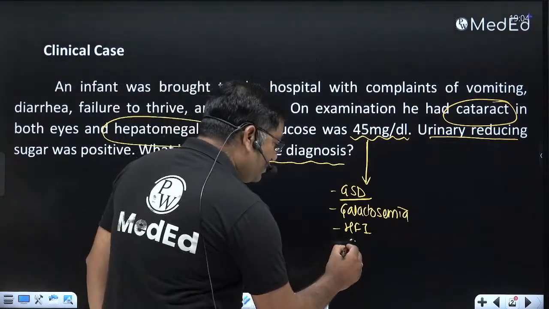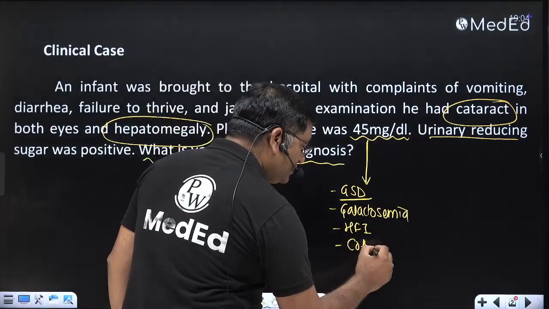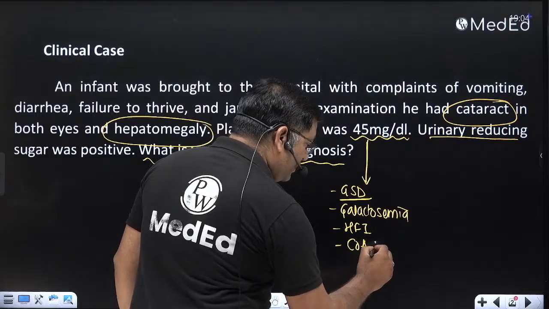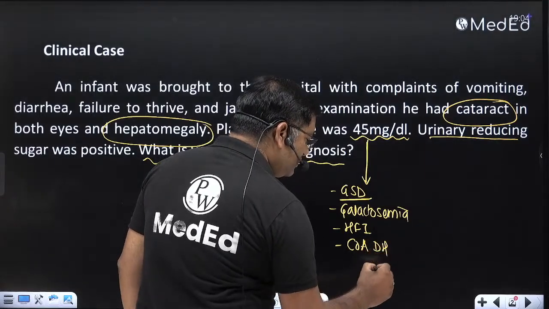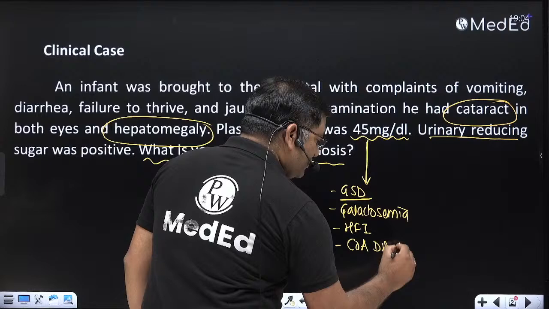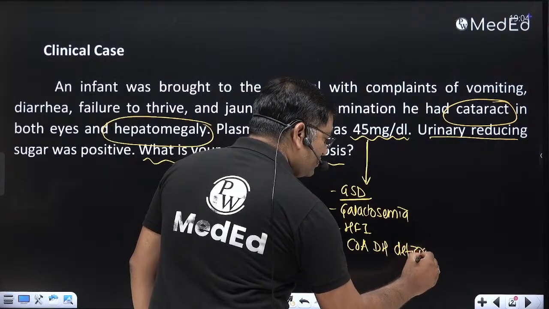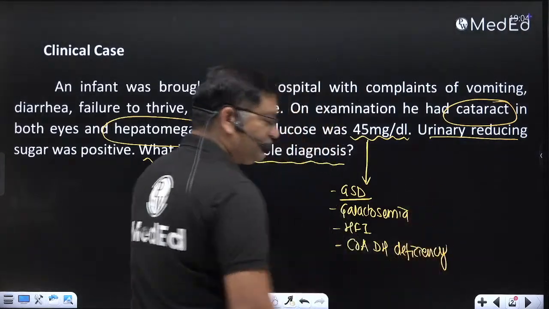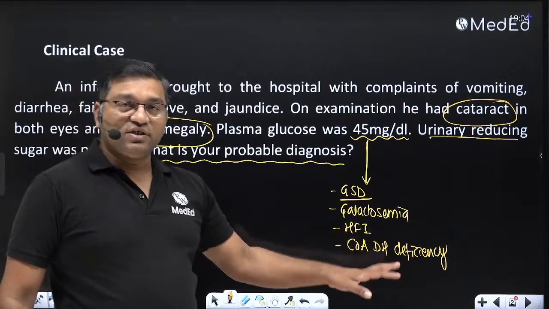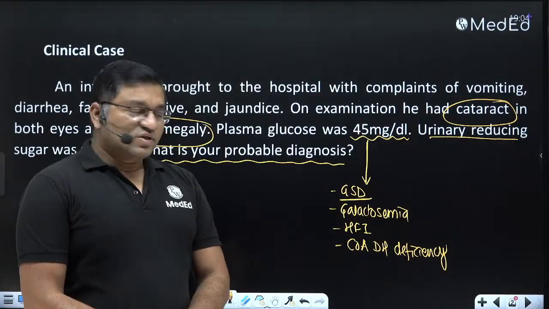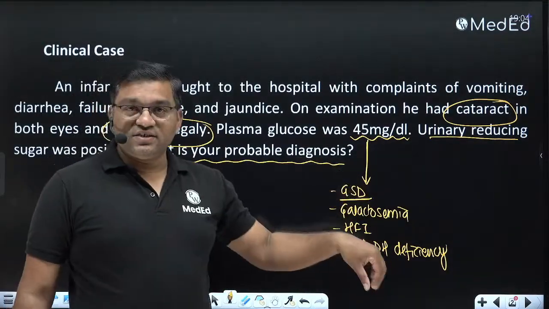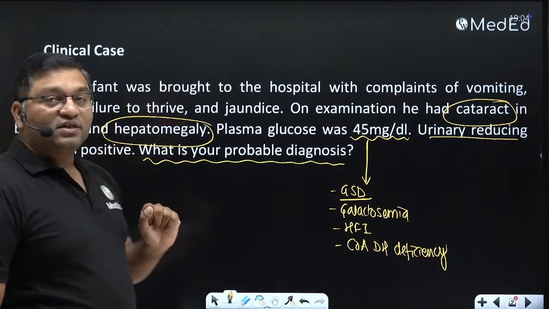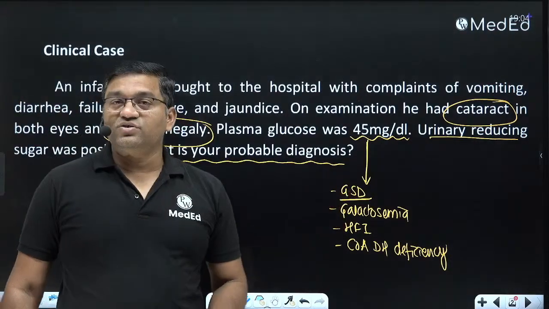Coenzyme A means related with beta oxidation. Medium chain acyl coenzyme A dehydrogenase deficiency causes hypoglycemia, means a beta oxidation defect causes the hypoglycemia. So these are the prominent diseases which cause hypoglycemia in the infant, principally the glycogen storage disorders.